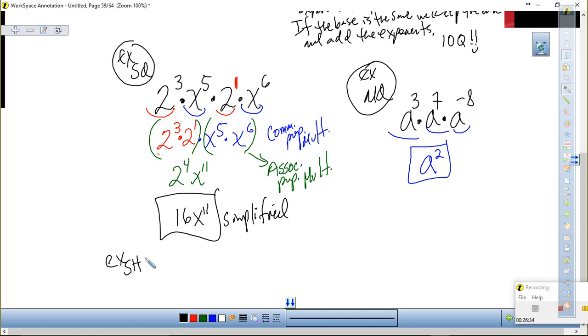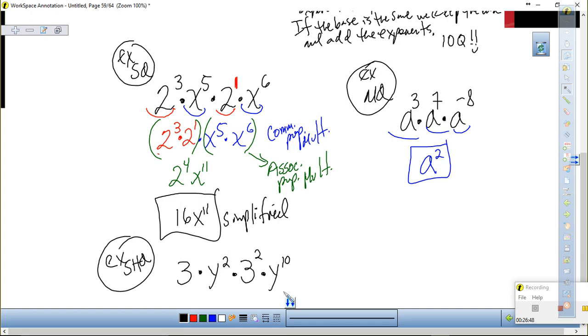Example, Shazam Q. 3 times y to the 2nd times 3 to the 2nd times y to the, give me a number, 10. Do that one by yourself. See what you get.